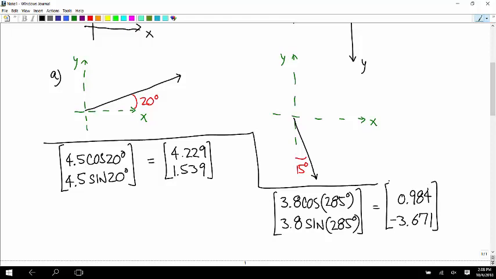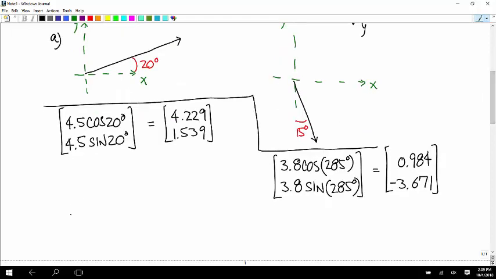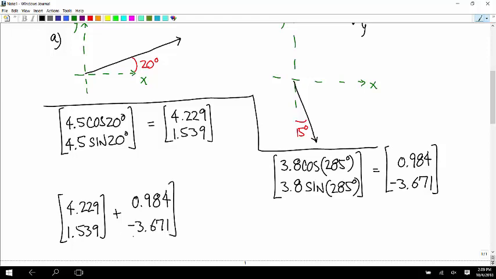Okay, so first of all, I'm just going to add those now, but let's look at these two. Sanity check the answers that came out of the calculator. Does it make sense that both of these components are going to be positive? Yeah, because it's in the first quadrant. Does it make sense that this is positive, negative? Yeah, because it's in the fourth quadrant. So now we'll add these. We're just going to take 4.229, 1.539, plus 0.984, negative 3.671.